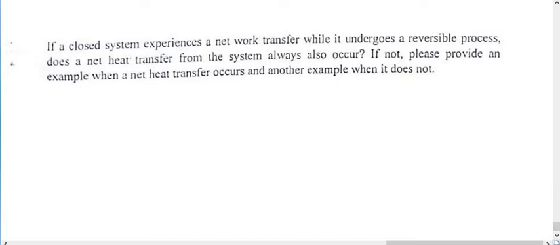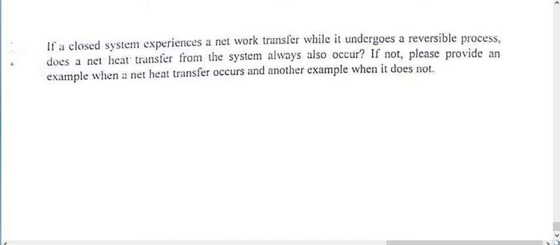So here we have some notes to take. As we have seen, they say the process is reversible, meaning what? And then a net work transfer, meaning the work transfer cannot be zero, it always occurs as per the question.